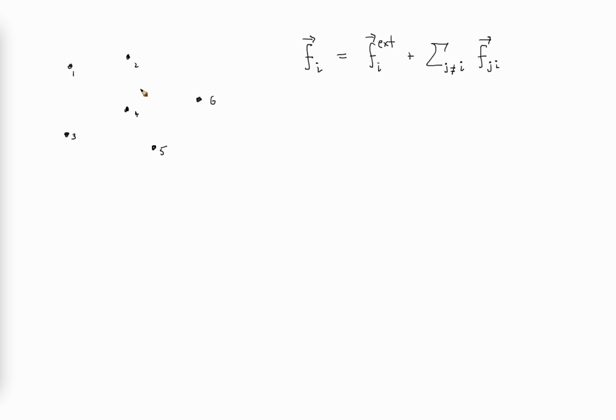And if we add all of those up, that will tell us the total force acting on our particle by the other particles. So this is what we would call internal forces. So these are, again, these particles bouncing off of each other and that kind of thing.